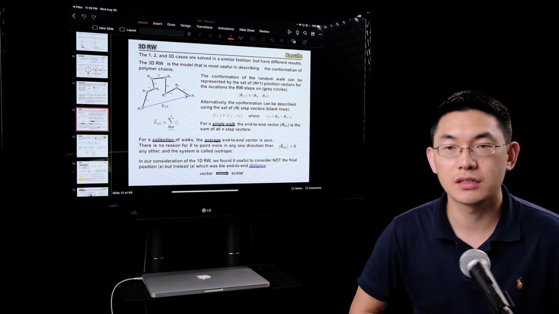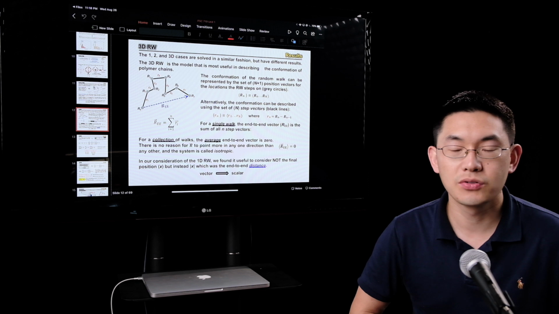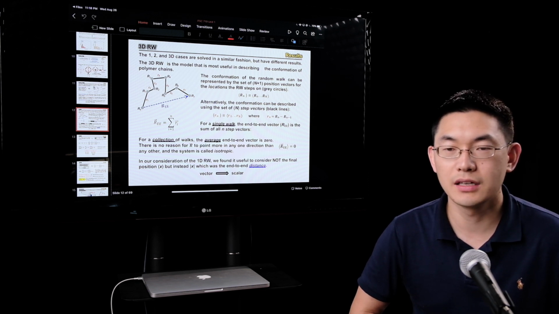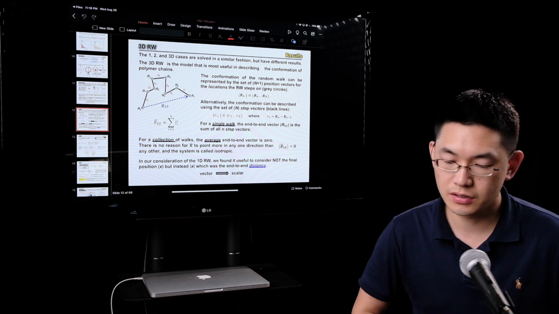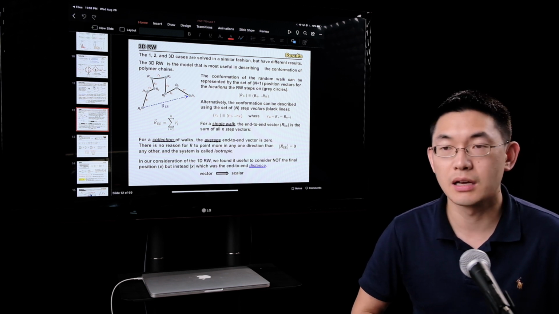Additionally, we have discussed the role of free joint chain and how free joint chain, despite it is a very simple model, can help us to understand how the Gaussian coil would look like, or a typical polymer coil.